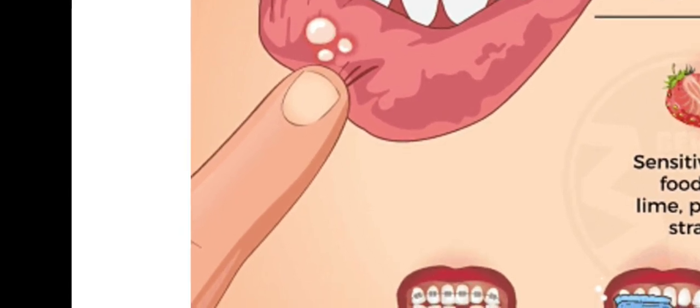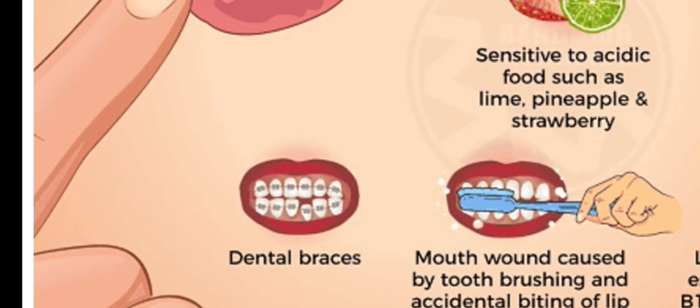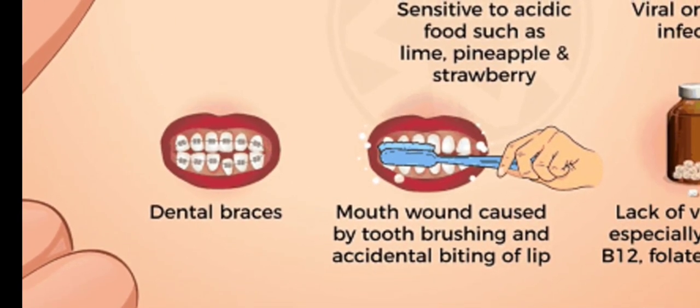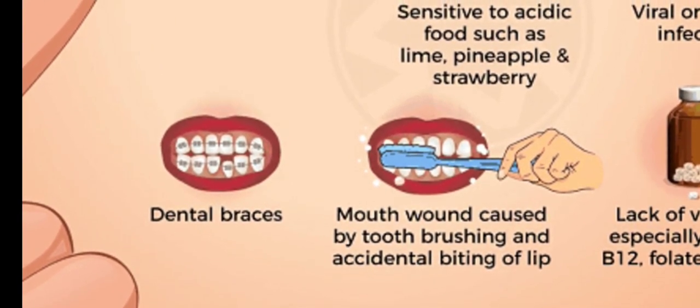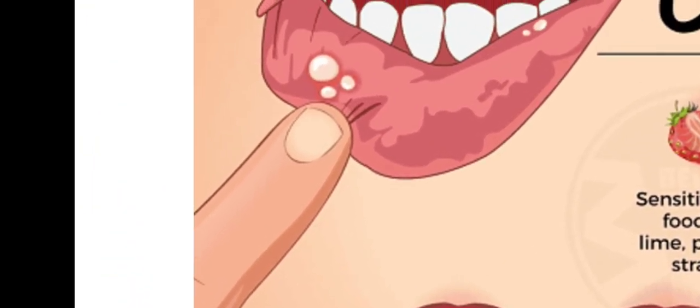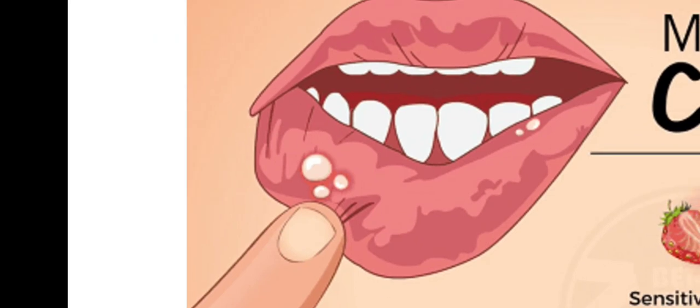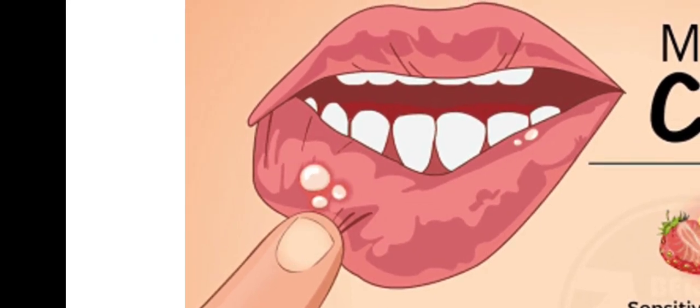Contamination means there might be some type of exposure of bacteria to the mouth, and it may be caused by toothbrushing and accidental biting of the lip, like if a person accidentally bites his lip, or if while brushing we are not following the proper procedure and we are just rubbing hard.